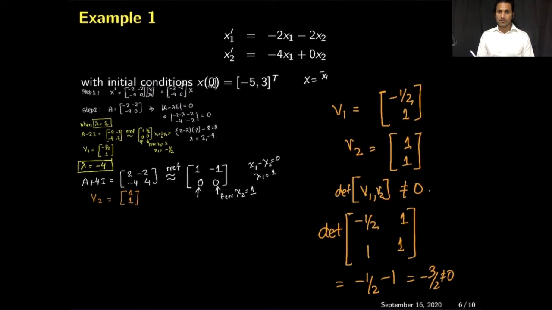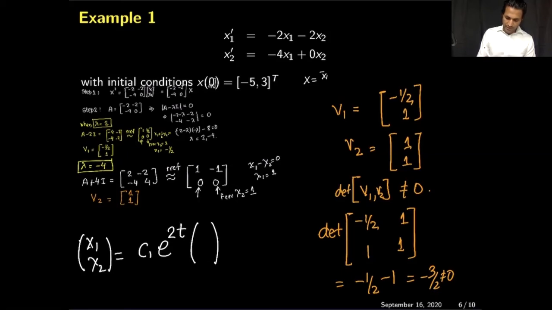So I have a 2 by 2 system, and I have 2 linearly independent eigenvectors. So I can write down my solution. The general solution of my differential equations will be (x1, x2) equal to c1 e to the power of the eigenvalue, which is 2t, multiplied by the corresponding eigenvector v1, (1/2, 1), plus constant c2 times e to the power of the eigenvalue -4t, multiplied by the eigenvector (1, 1).